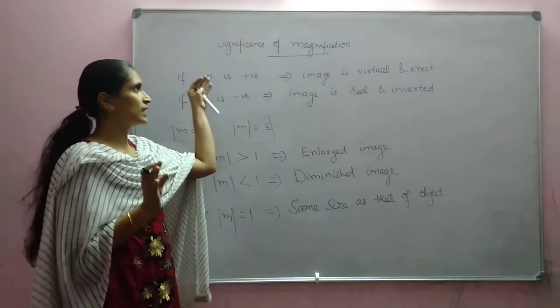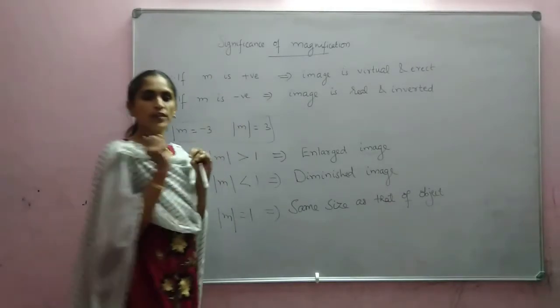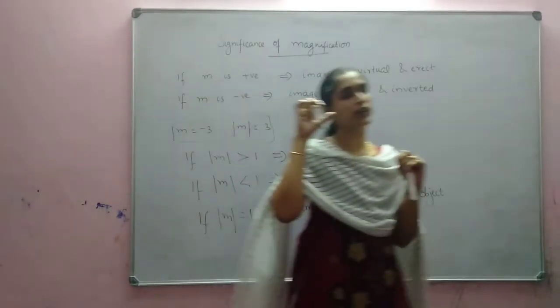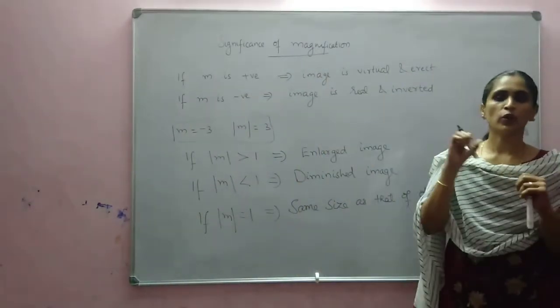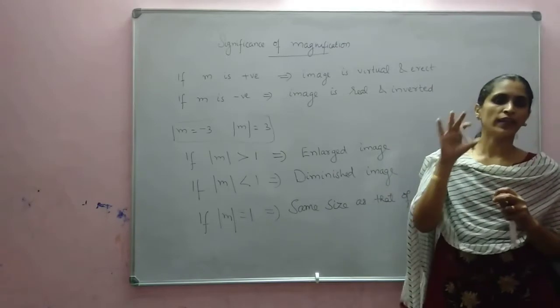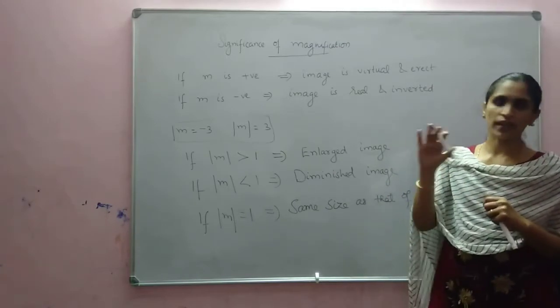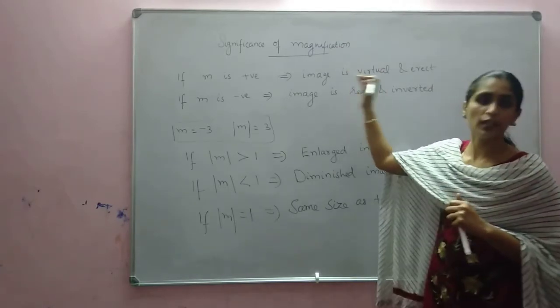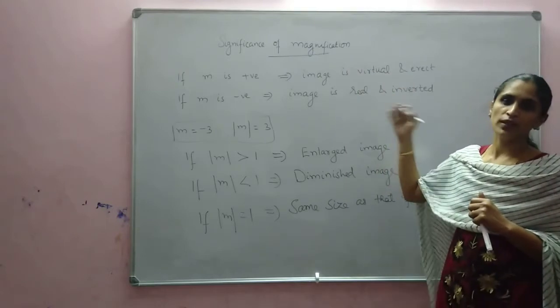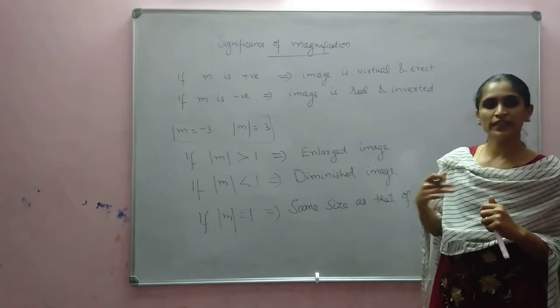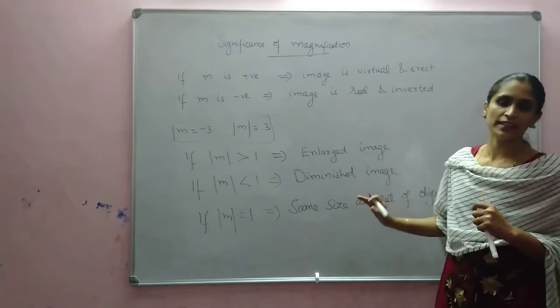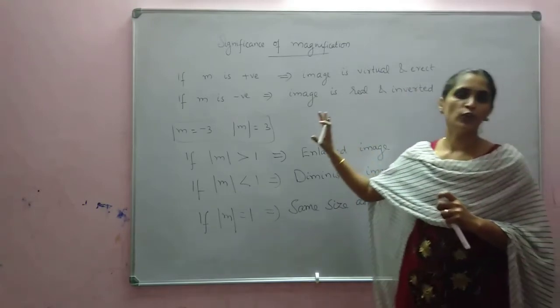So these are the importance of magnification. By knowing the value of m, we can say all those things. That's why in problems it is very essential to calculate the value of m. By knowing m, we can say whether the image is real or virtual, inverted or erect, enlarged or diminished.